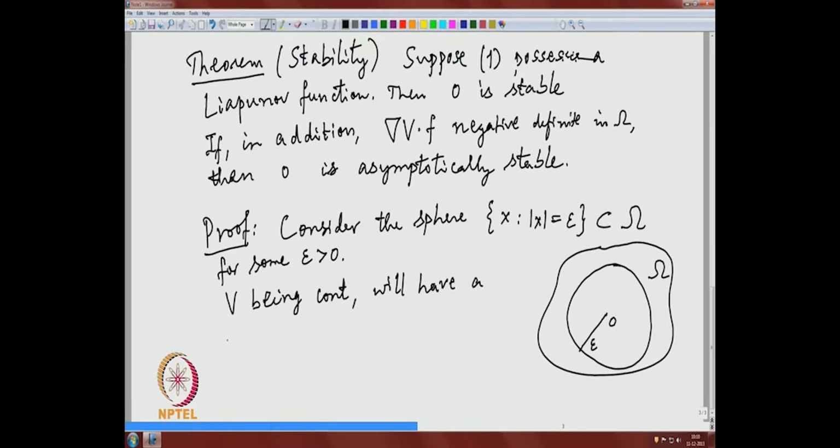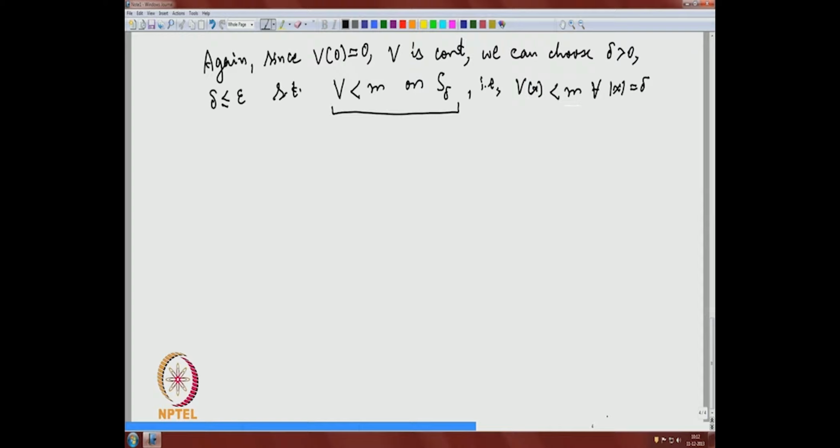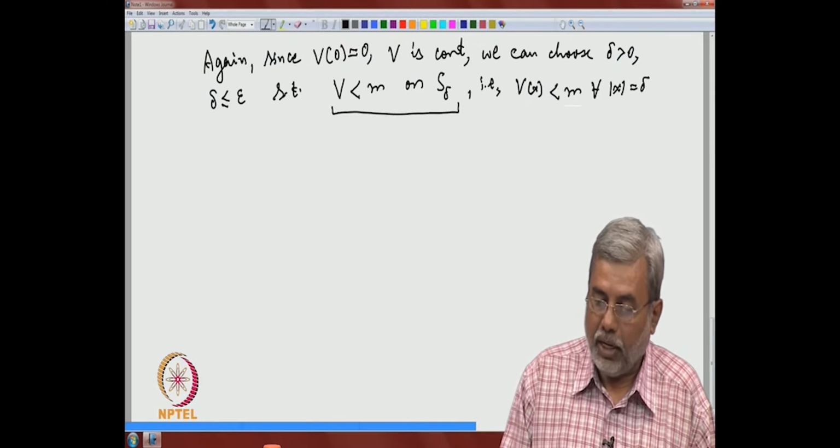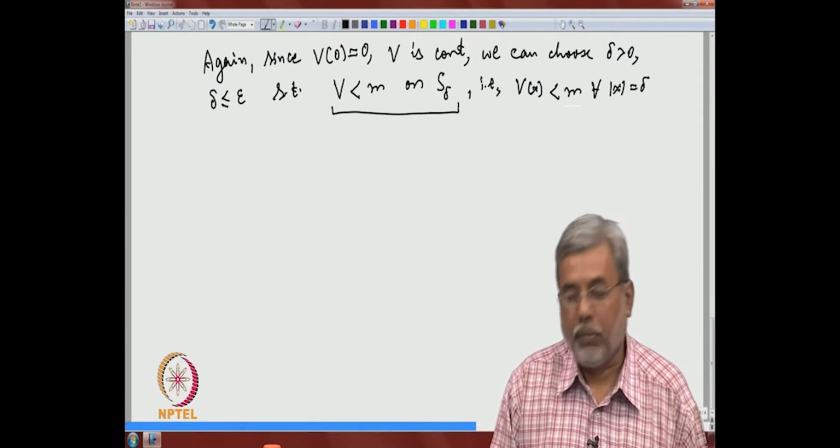Okay. So, this is delta and I am choosing delta so that V will be strictly less than M, and remember M is the minimum of V on the bigger sphere mod x equal to epsilon.